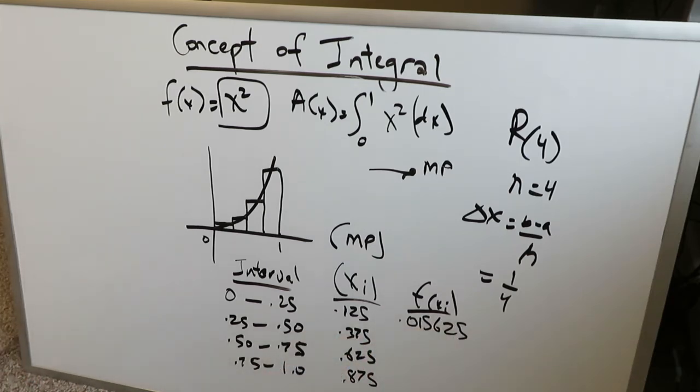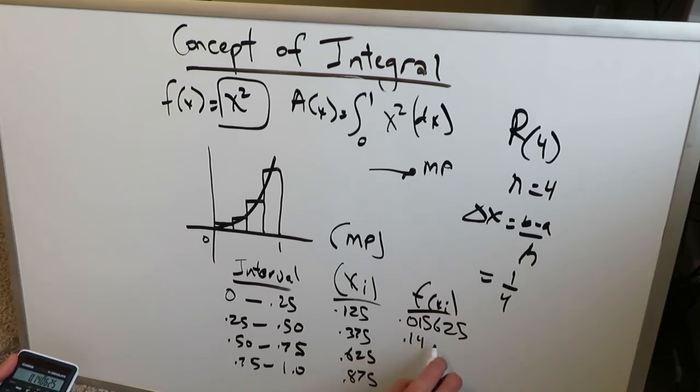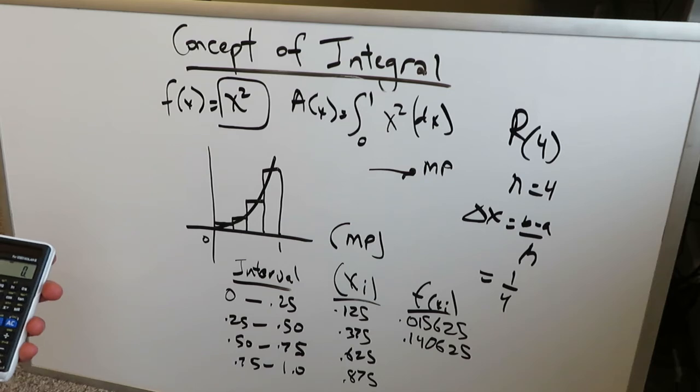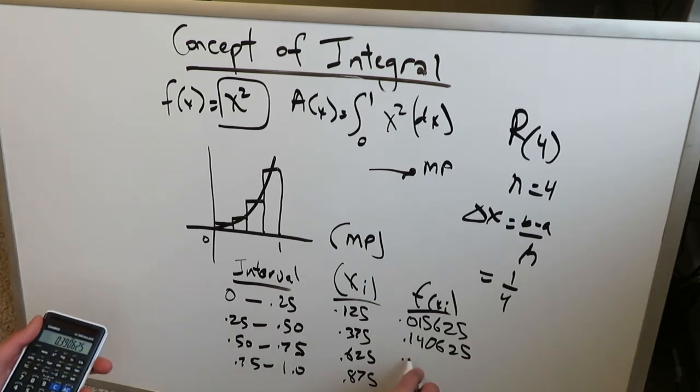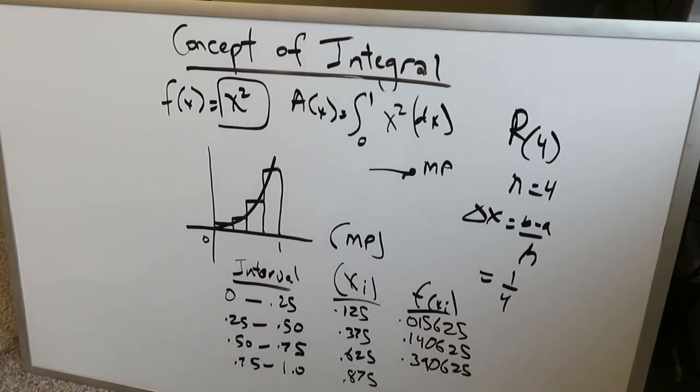Each of these values is being squared by placing them into this function. 0.375 squared, you're getting 0.140625, and I'm going to start writing these a little higher so we don't get cut off at the bottom. 0.625 squared, I'm getting 0.390625, and the last one, 0.875 squared, I'm getting 0.765625. It's almost cut over here, but we can still see it.